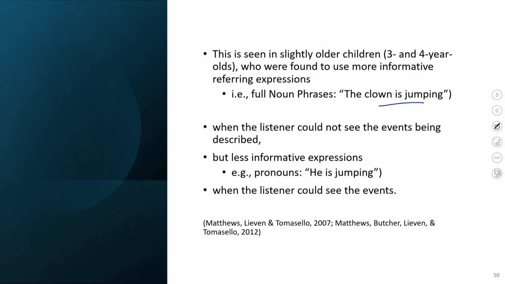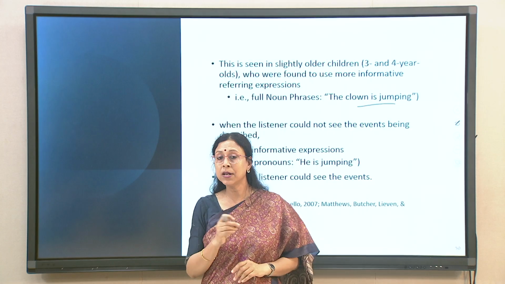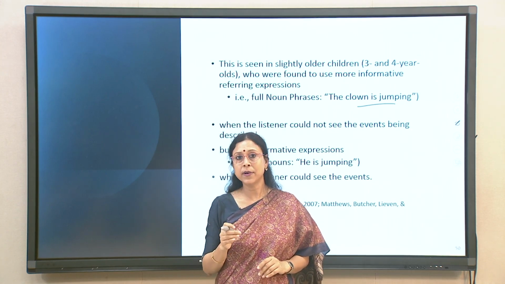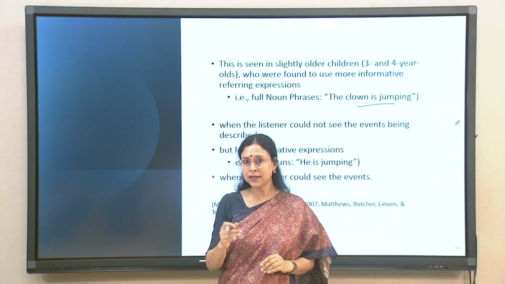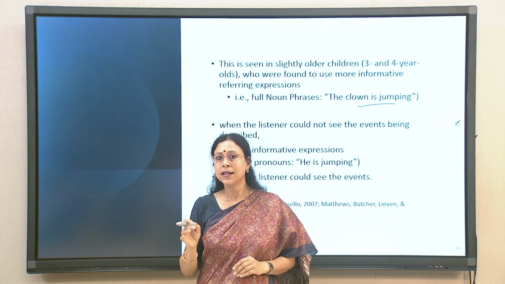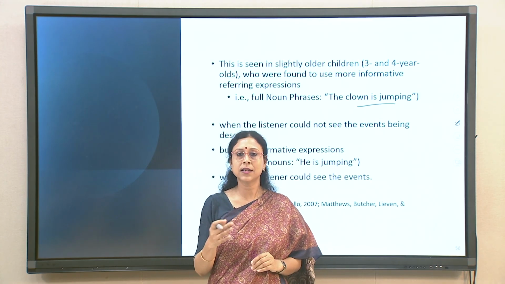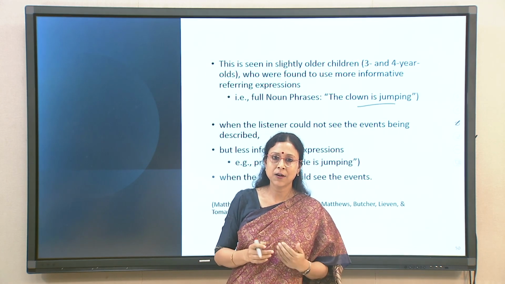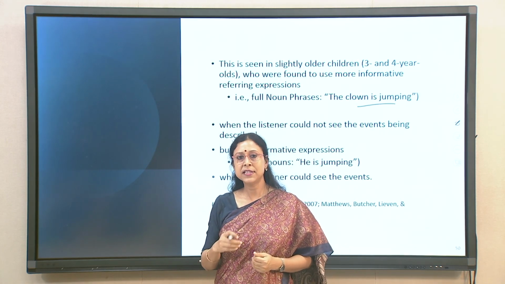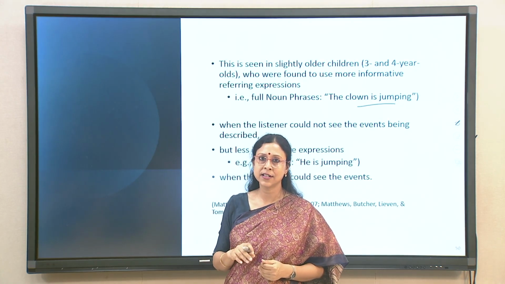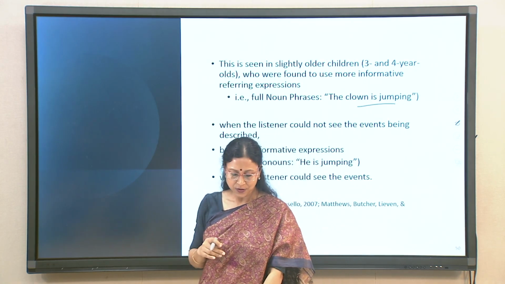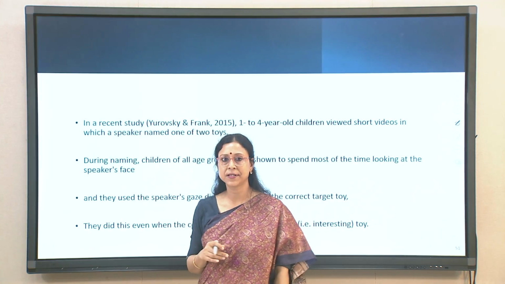So, when the person he was talking to could not see the events, he or she describes the fully informative sentence, the clown is jumping. Remember our Grice's maxim of informativeness. There they know that the person they are talking to does not know what is happening, so she gives the entire sentence, the clown is jumping, but when it is visible to the other person, then less informative, he is jumping.